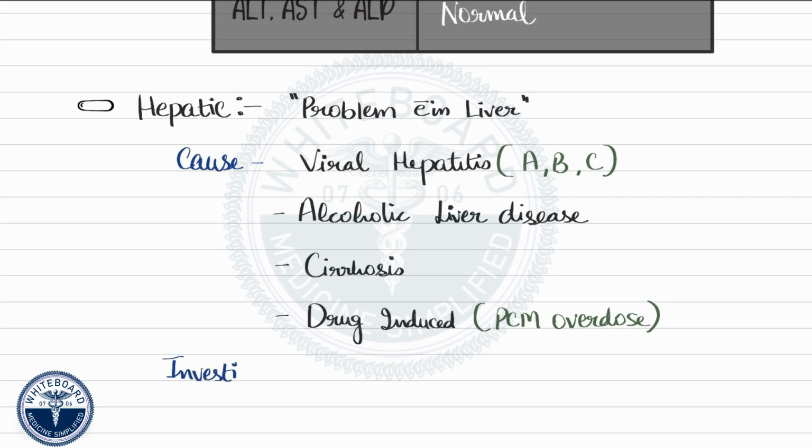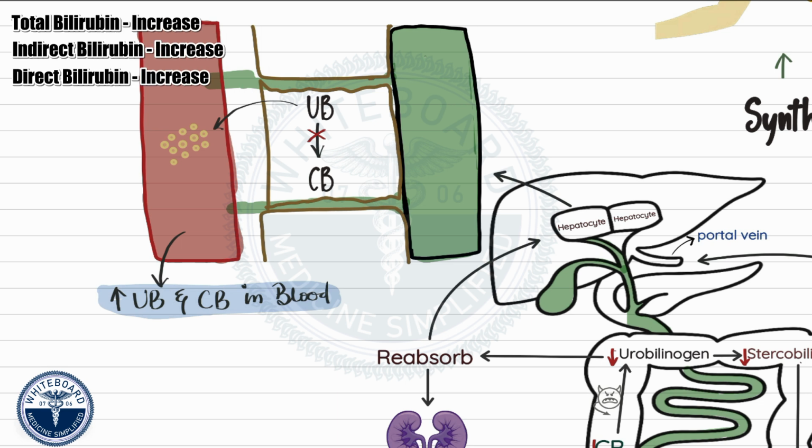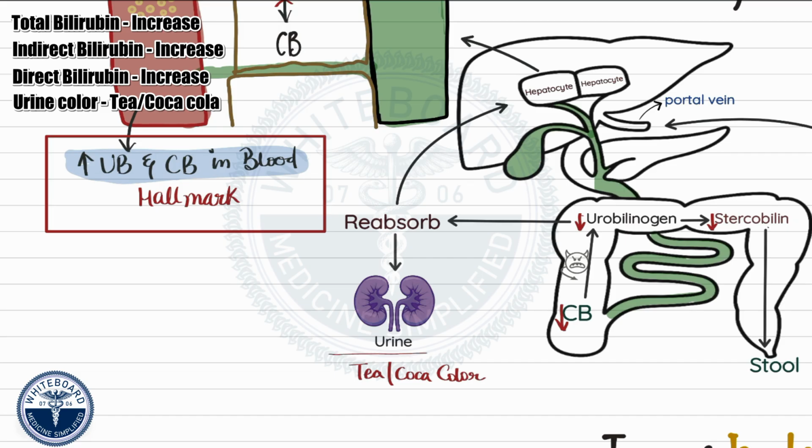The investigations in case of hepatic jaundice: the total bilirubin level is elevated, as direct and indirect bilirubin levels are elevated, which is the hallmark of hepatic jaundice. The urine color is tea color or Coca-Cola color due to the presence of conjugated bilirubin, which is water soluble and excreted in the urine.